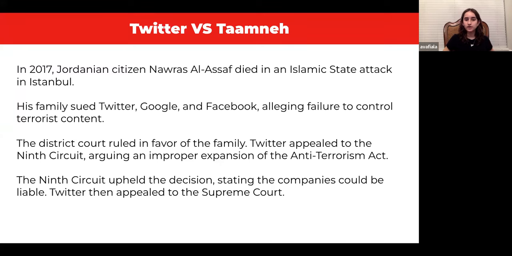The family sued Twitter, Google, and Facebook, alleging that all of them failed to control terrorist content, because these companies are profit driven essentially. So they post in the algorithm whatever gets them more views. And most of the time, content that has more interaction can be problematic, which is what happened in this case, which is why they sued, because they alleged the companies had a part in fueling the motive for this attack. But Section 230 prevailed.